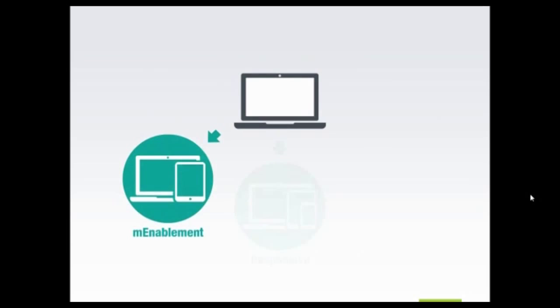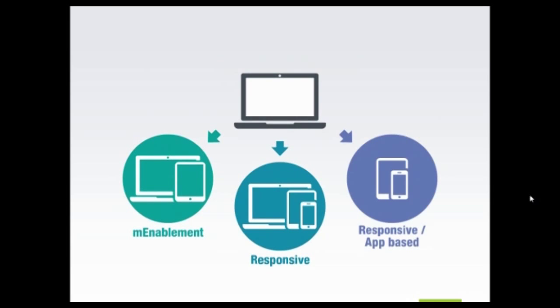So the three different approaches that we know of in terms of moving from Flash to HTML are mobile enablement, responsive, and responsive app-based. Mobile enablement is essentially taking the current Flash content and modifying it in the best possible way to make it mobile-enabled.